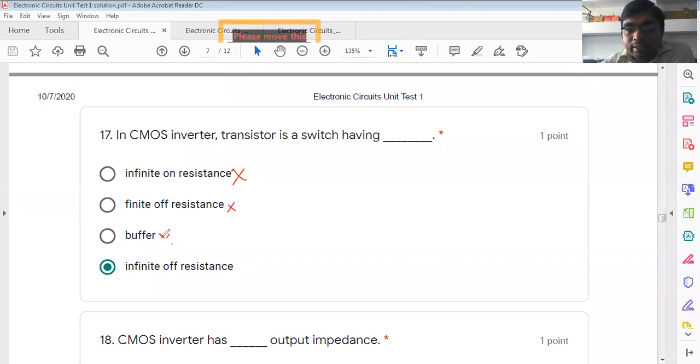Buffer, no, it is an inverter, so it can never be a buffer. So infinite off resistance is correct. It means when the N channel and P channel MOSFETs are in the off state, there is no possibility of current flow because of the infinite resistance offered. This resistance does not allow the passage of current. Okay, the correct answer here is infinite off resistance. Now come to question number 18.